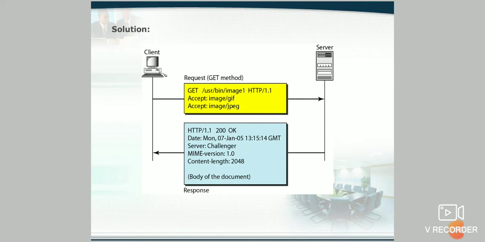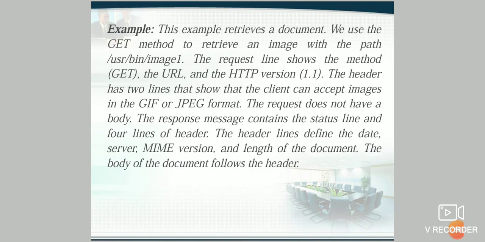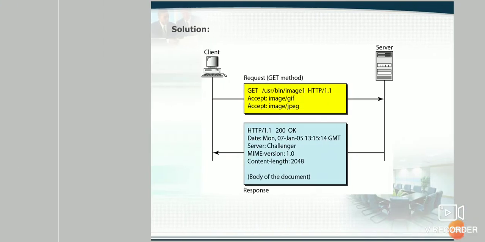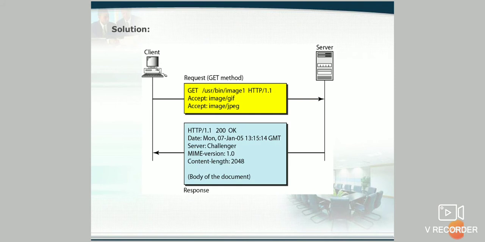It is included in the request header and shows the media formats that the client can accept. So in the question there are 2 image formats that can be accepted, one is GIF and the other JPG. So in this Accept, we just show which kind of document the client can accept.